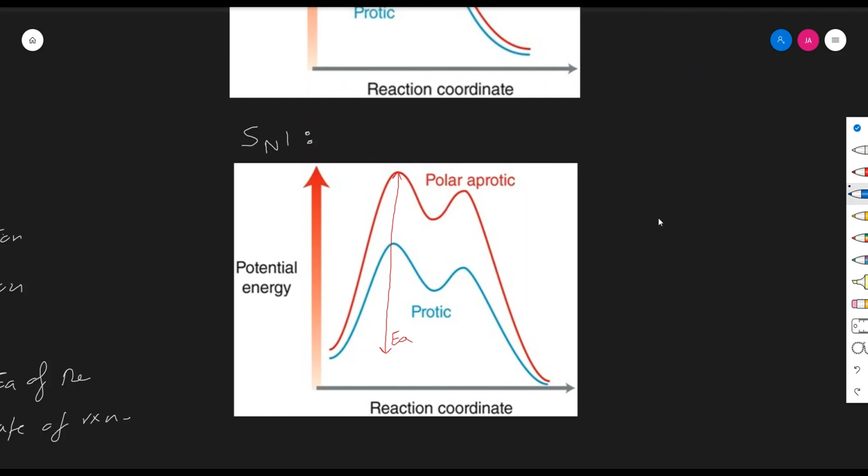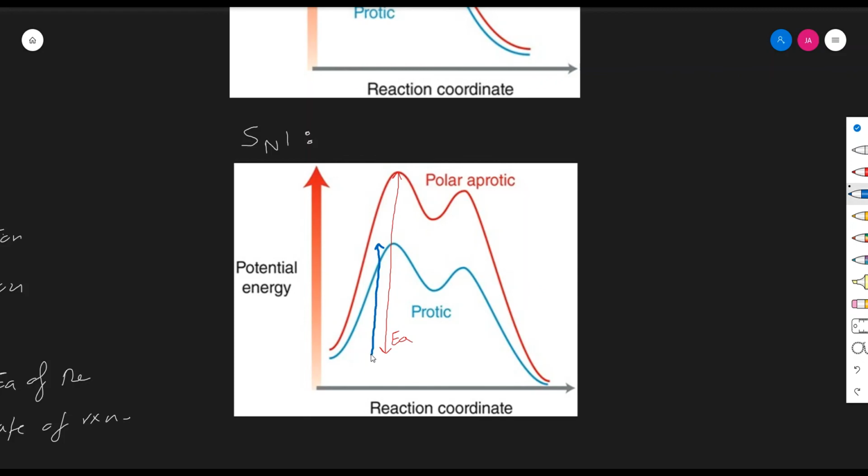On the other hand, if one were to use a protic solvent that is effective at stabilizing the carbocation intermediate, since it has strong dipoles and thus can solvate the carbocation intermediate via ion-dipole interactions, the stability of the carbocation would increase, and thus its energy state would decrease over here, and thus the activation energy required to form it would be lowered, as I will note here with this blue line.